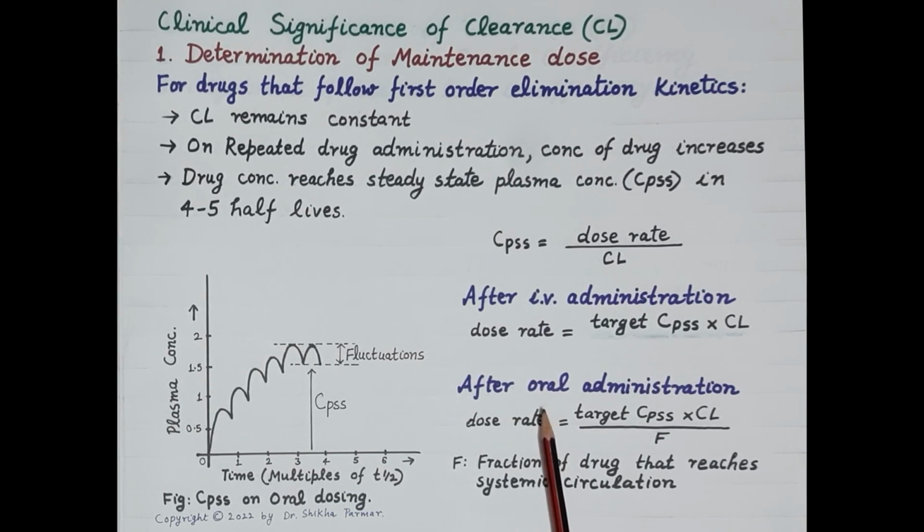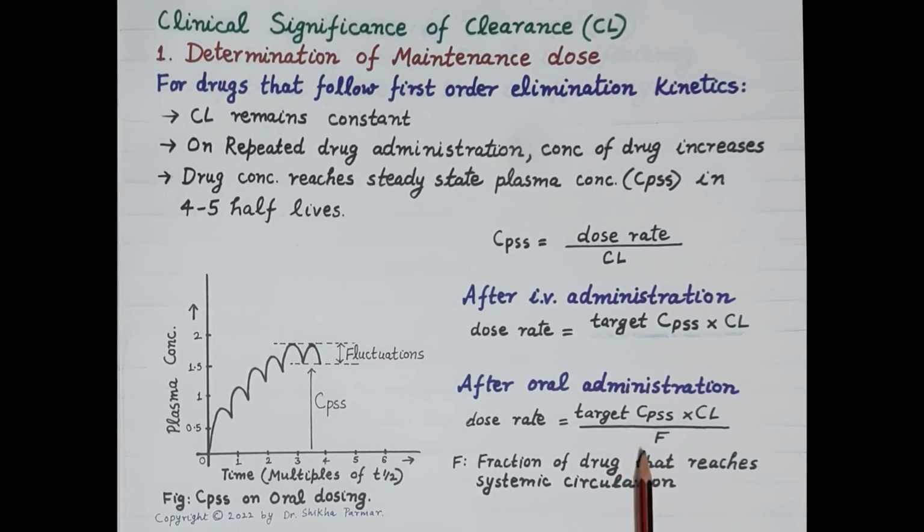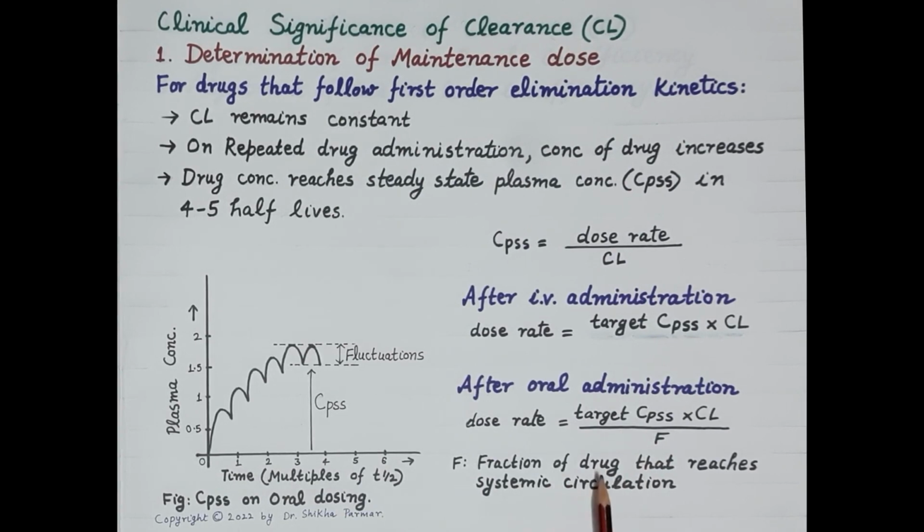Similarly, after oral administration, the rate at which the dose of the drug is to be administered is equal to the desired target steady state plasma concentration times clearance divided by the factor F. Factor F is the fraction of drug that reaches systemic circulation, because after oral administration bioavailability is not considered to be 100% and only a fraction of the drug reaches the systemic circulation. So this is how knowledge of clearance is very essential in order to determine the maintenance dose of a drug.